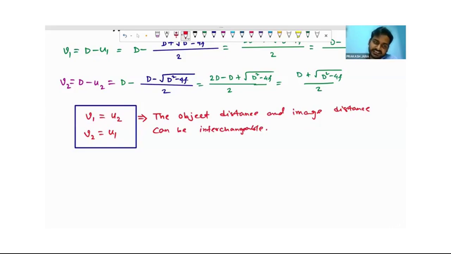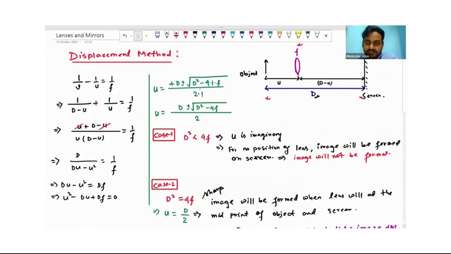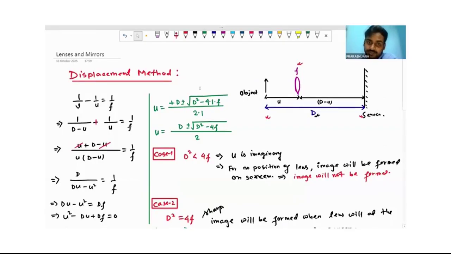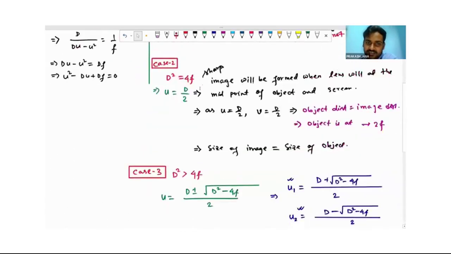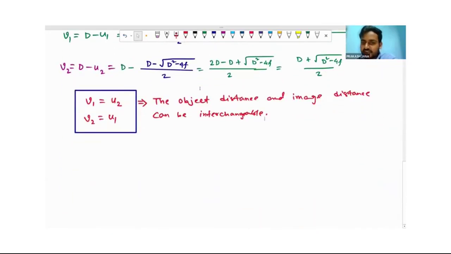So this was all about this displacement method. Using this, we can measure the focal length of a convex lens in the laboratory. We actually find two positions for which we get a sharp image on the screen. Then we measure u1, u2, and from that we measure the focal length.